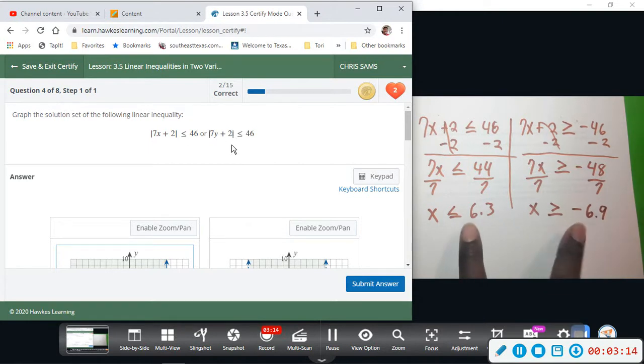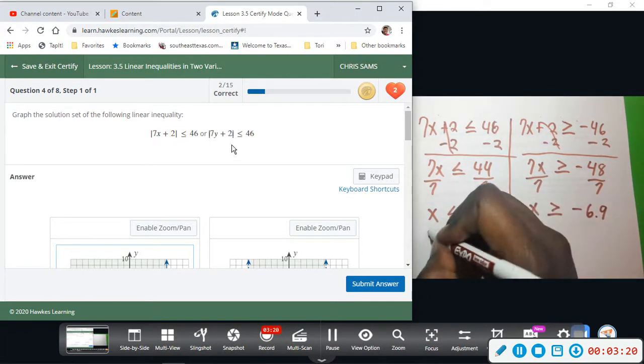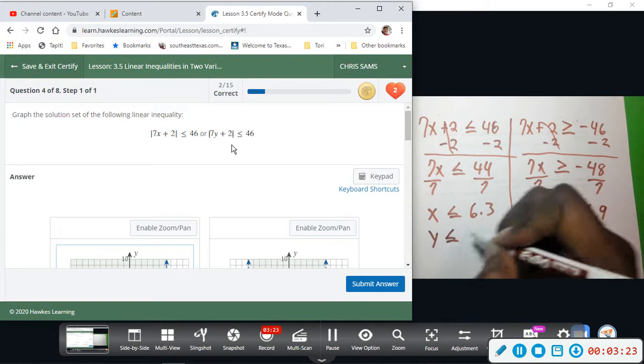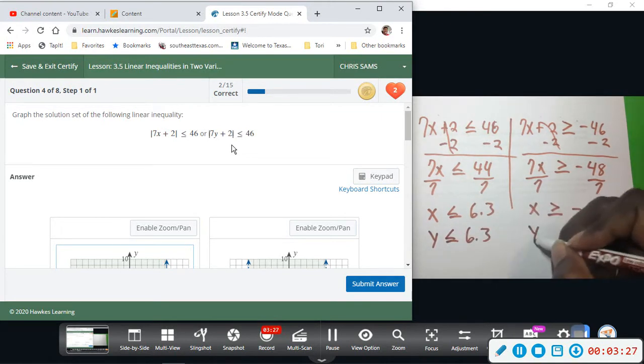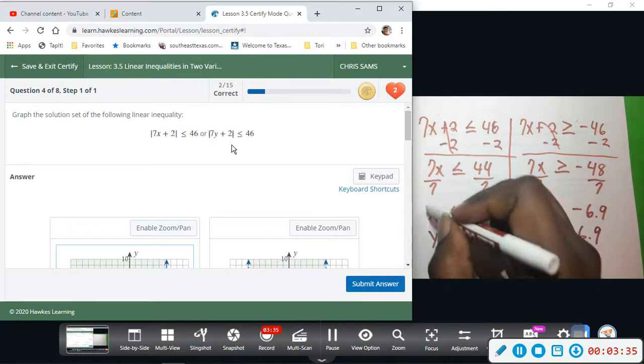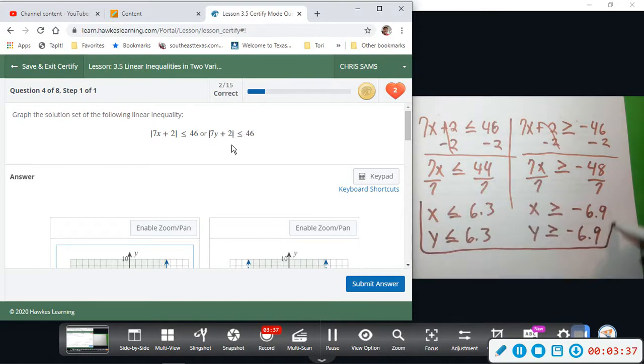So these two numbers, we would get the exact same values for y. So we'd have a y less than or equal to 6.3, and a y greater than or equal to negative 6.9. So this is our system that we're going to be using to graph these lines.